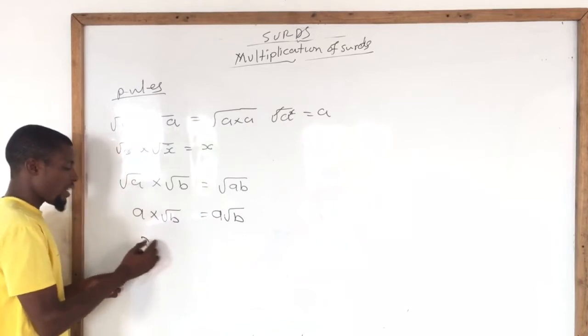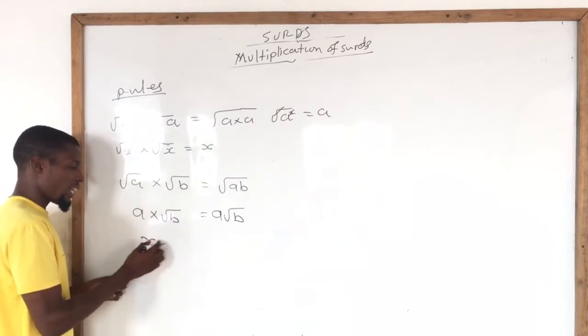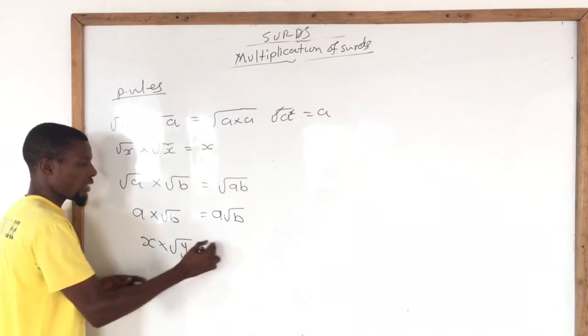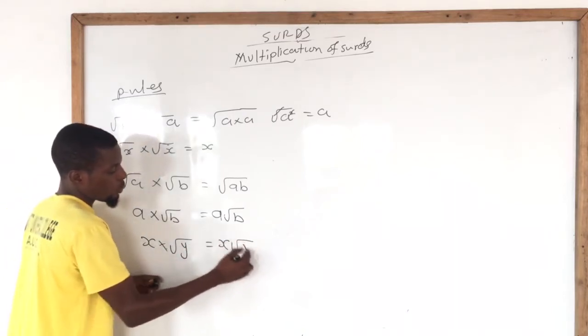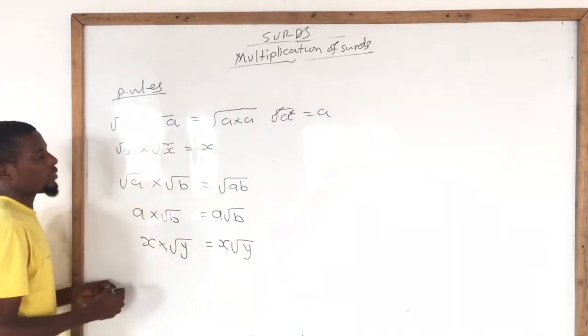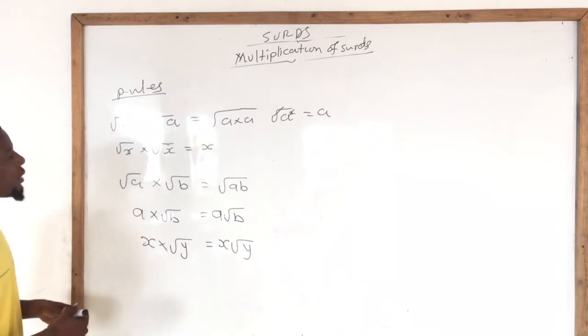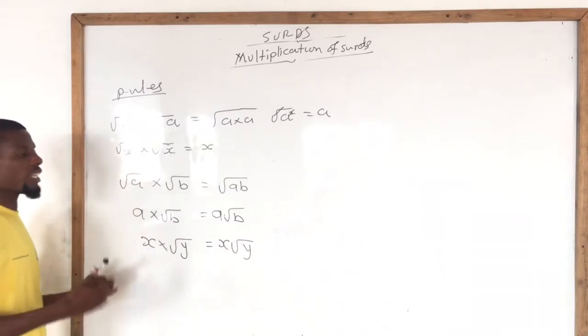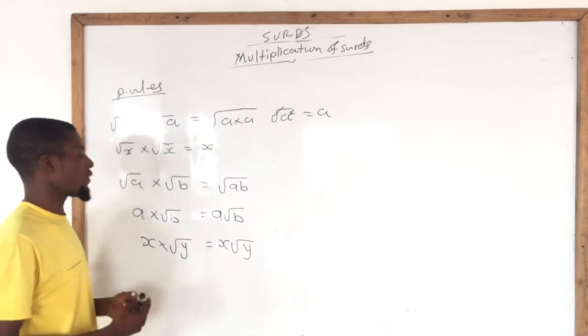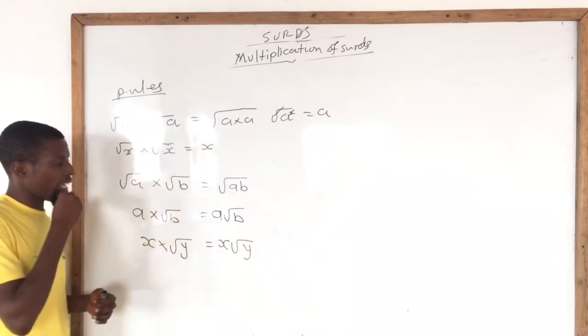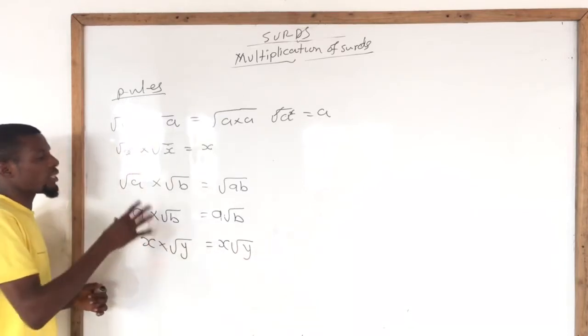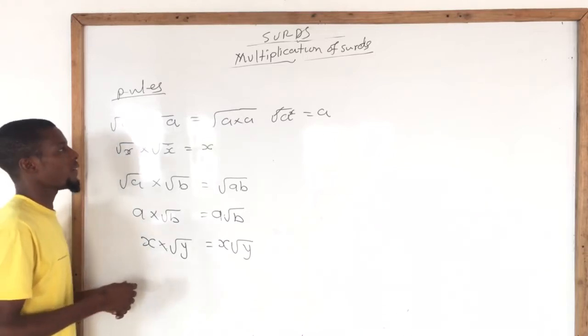If I have x times root y, this becomes x root y. Are you okay? All right. Just like in algebra, when you have x times y, it becomes xy. The same thing happens here.